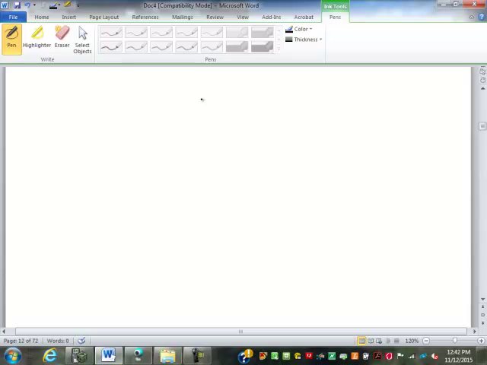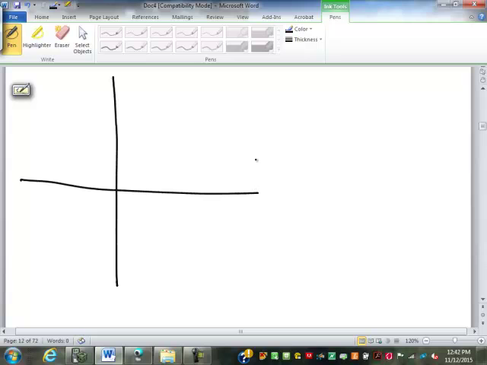I want to take a look at the next step, talking about finding the slope of a line. Let's say I have a line here that goes through a point. Let's say this is negative 3, 2, and it goes through a point over here.